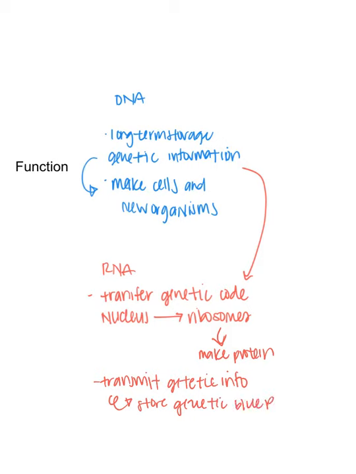A blueprint is the information off of which we build a house or a structure. It could have been used to store genetic blueprints in primitive organisms. All right, so our second difference is function.